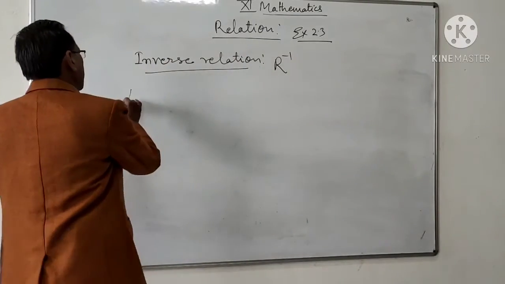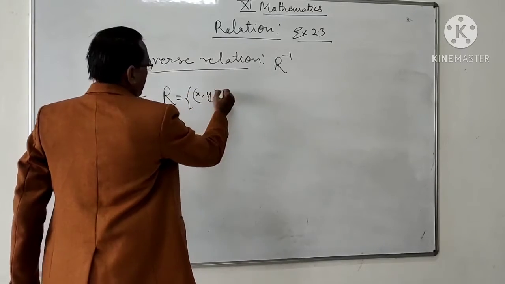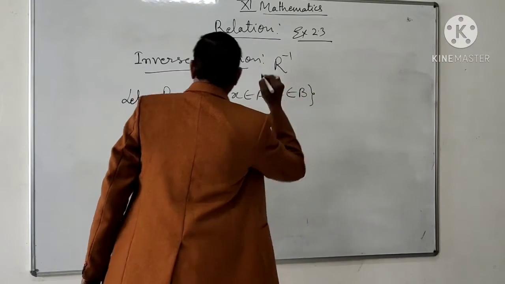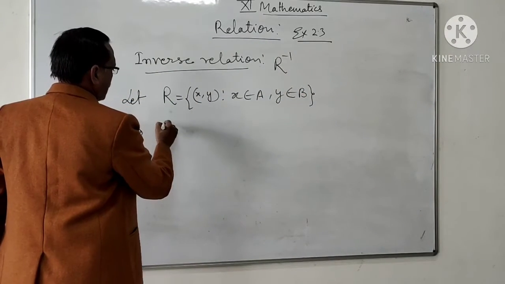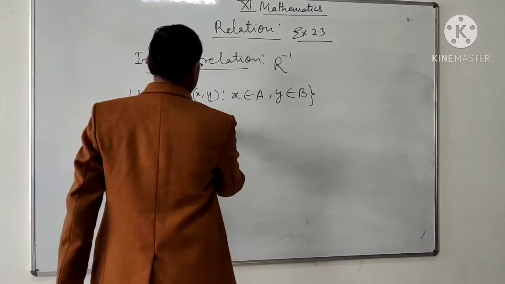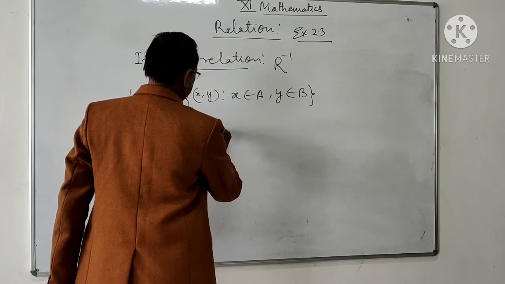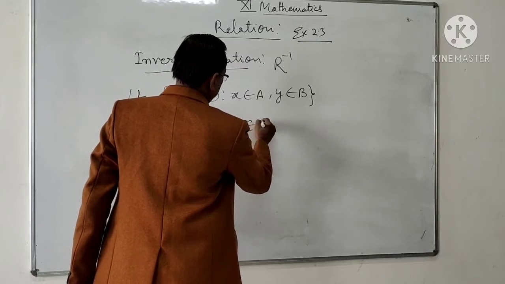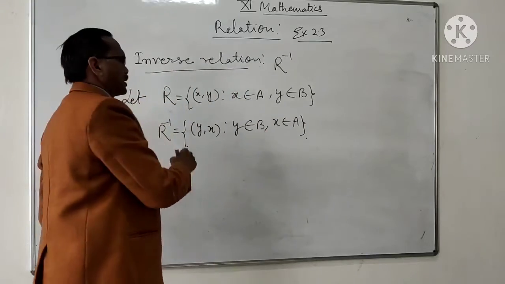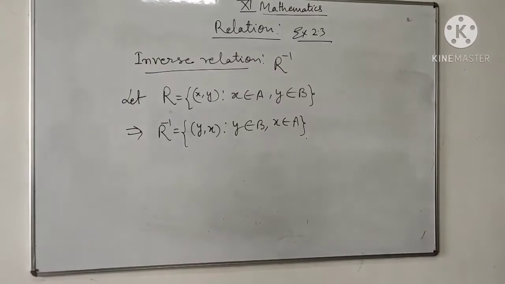Let R be a relation where x comma y such that x belongs to A and y belongs to B. Then a relation taking the reverse order of ordered pair, we will change the order of ordered pair to y comma x such that y belongs to B and x belongs to A. Then it is called inverse relation. It's very simple, same as relation.